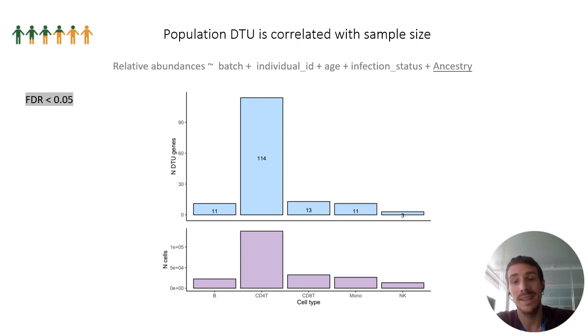And we see that in this case, the number of DTU genes found is pretty correlated with the number of cells of each cell type, which, as I was mentioning previously, conditions the number of isoforms that we can detect, and hence the number of genes that we can test in this relative fraction test. Here, the leading cell type is CD4 T cells, followed by CD8, B and monocytes with the same number of cases.